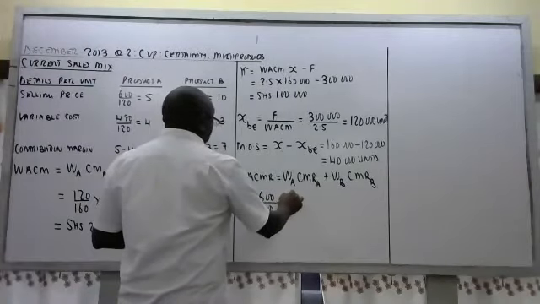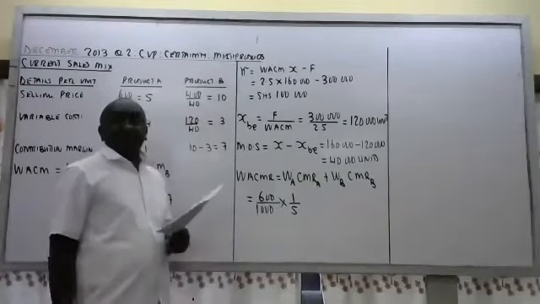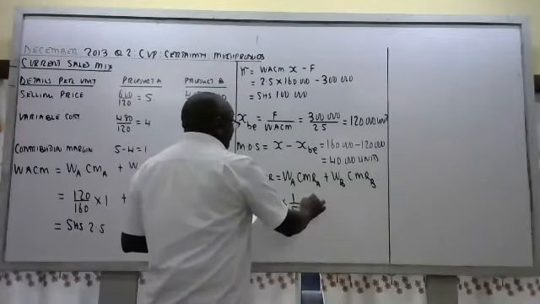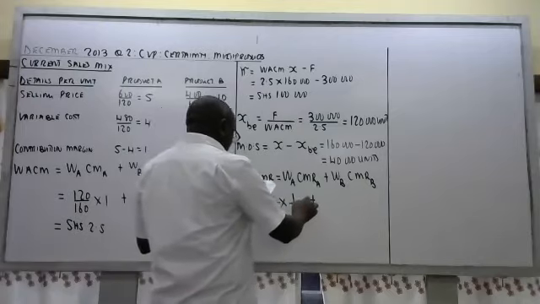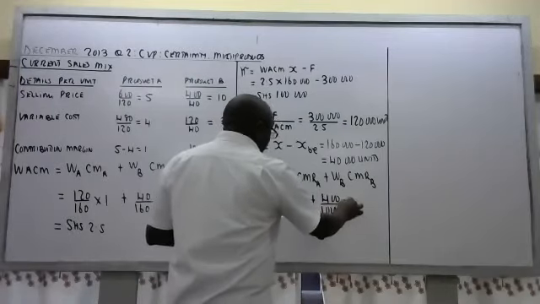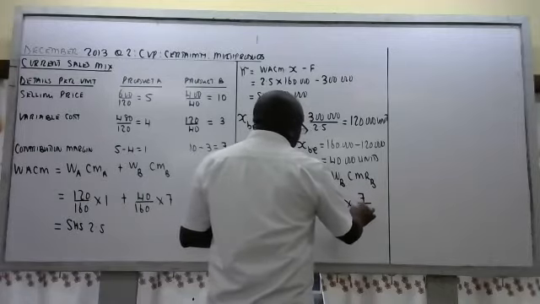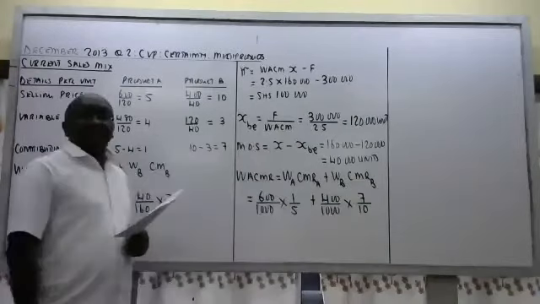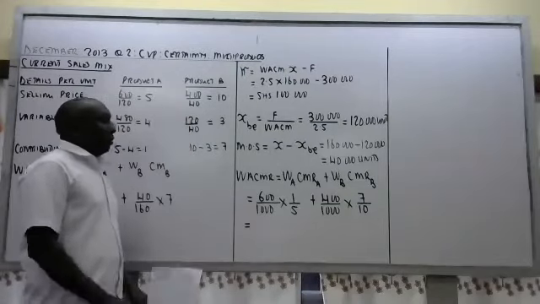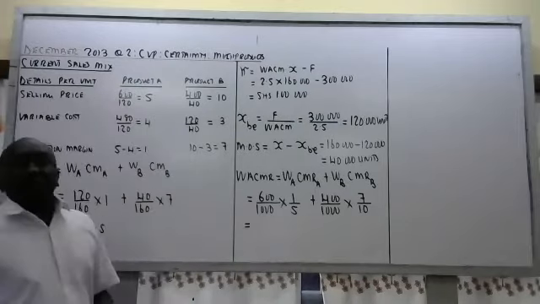For A it will be the contribution 1 divided by the selling price of 5, plus for the other one, 400 in a total of 1,000, times contribution margin of 7 divided by the selling price of 10. So tell me what will be the weighted average contribution margin ratio.